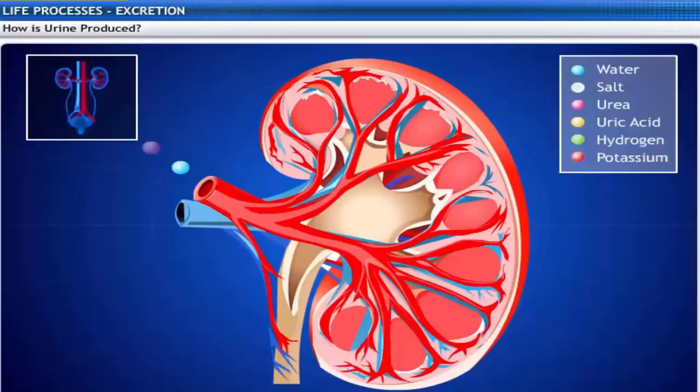Waste products in the body are transported by the blood to the kidneys through the renal arteries. Unwanted wastes and toxic products such as urea, uric acid, hydrogen and potassium ions are left behind in the kidneys.